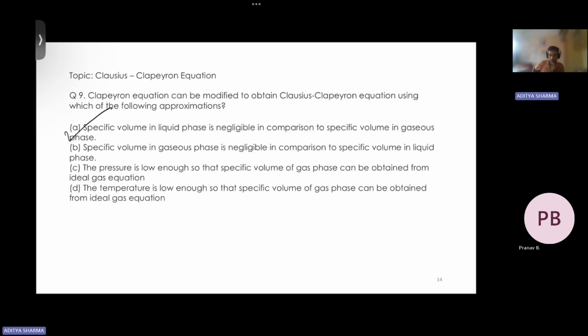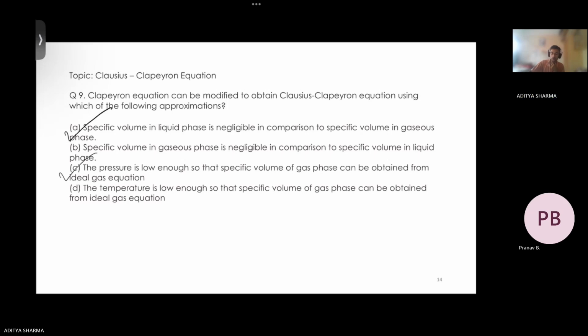But then there are other two statements also. Third statement is the pressure is low enough so that the specific volume of gas phase can be obtained from the ideal gas equation. The temperature is low enough so that the specific volume of gas phase can be obtained from ideal gas equation. So out of these, this C option is the second approximation.